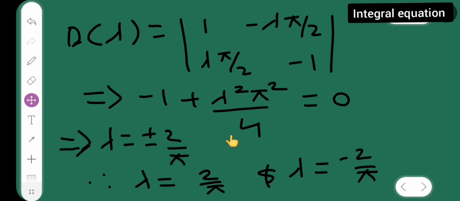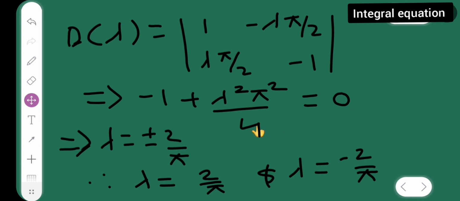Like how to solve this part? Let me do it here. Lambda square pi square upon 4 is there, right, is equal to, if I take this minus 1 to this side, it will become positive 1, right?